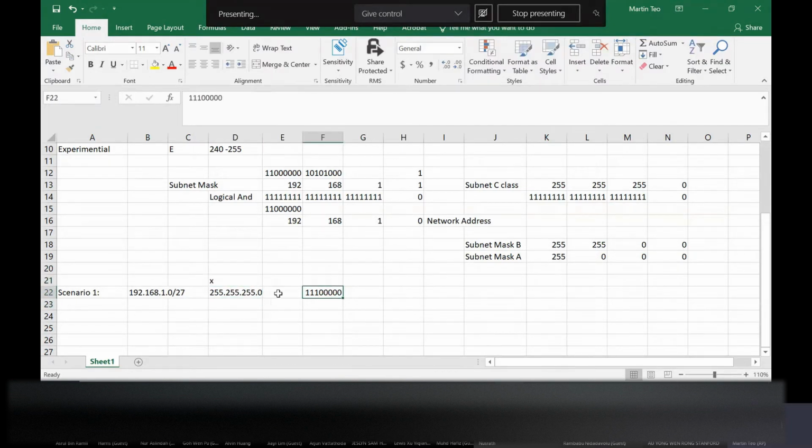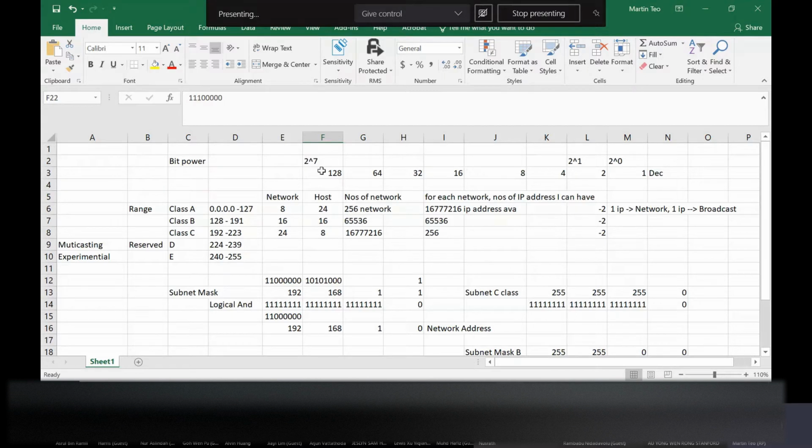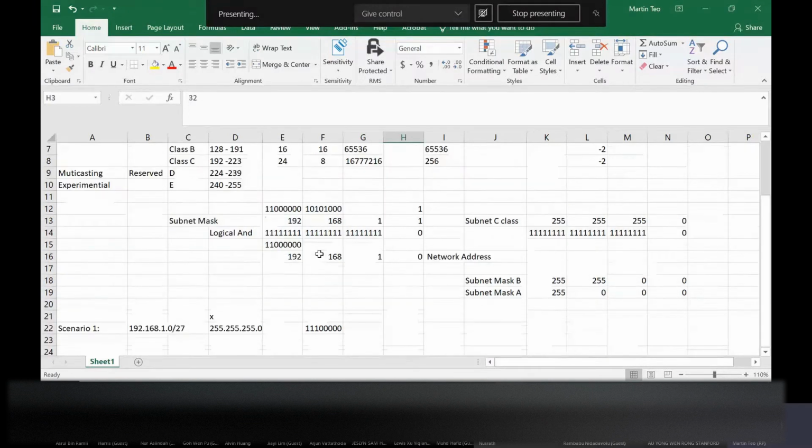The actual subnet mask for /27 will be 255.255.255, which is 24 bits up to here. Now we're using 27 bits, another 3 more bits. These 3 more bits are being used. What will be the decimal equivalent? This bit, this bit, this bit: 128 plus 64 plus 32.